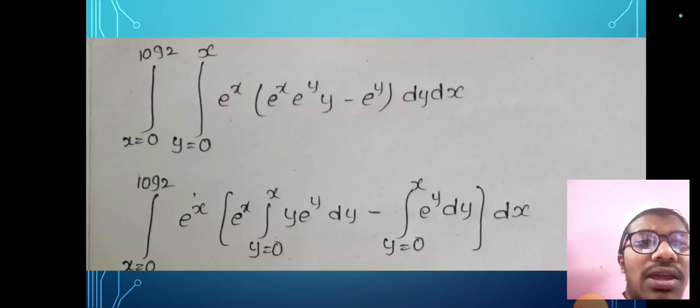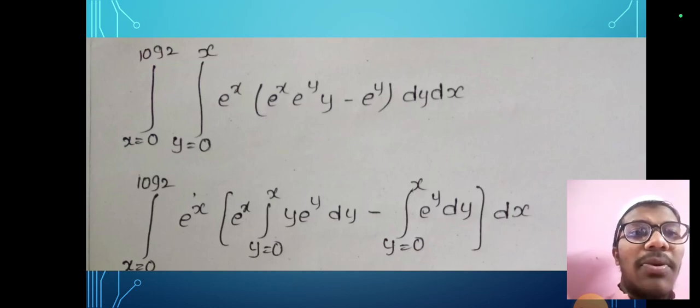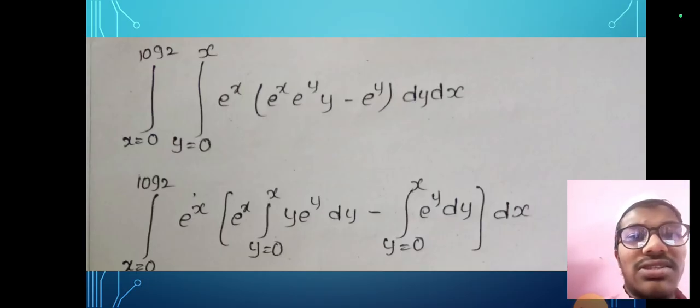Then we get integral x equal to 0 to log 2, e power x into integral y equal to 0 to x, y e power y dy minus integral y equal to 0 to x, e power y dy dx.